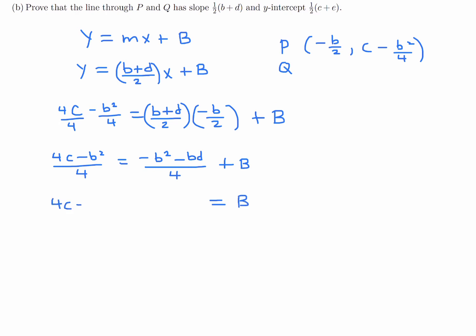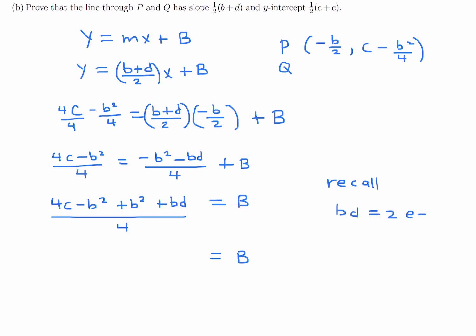And if I do that, I get 4c minus b squared plus b squared plus bd all over 4, like that, all equal to b.